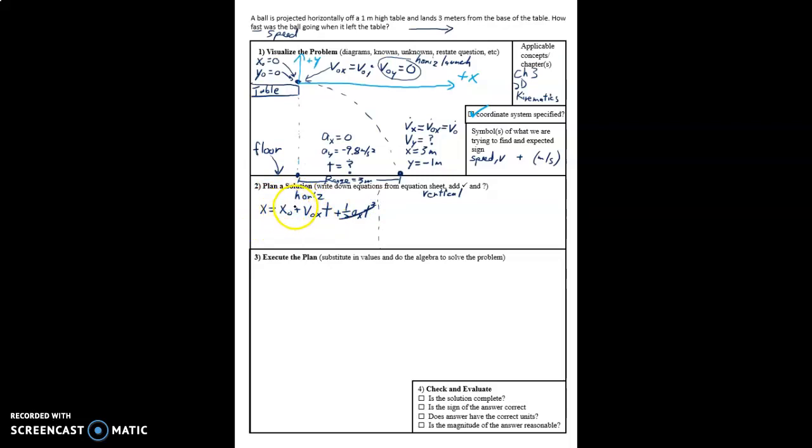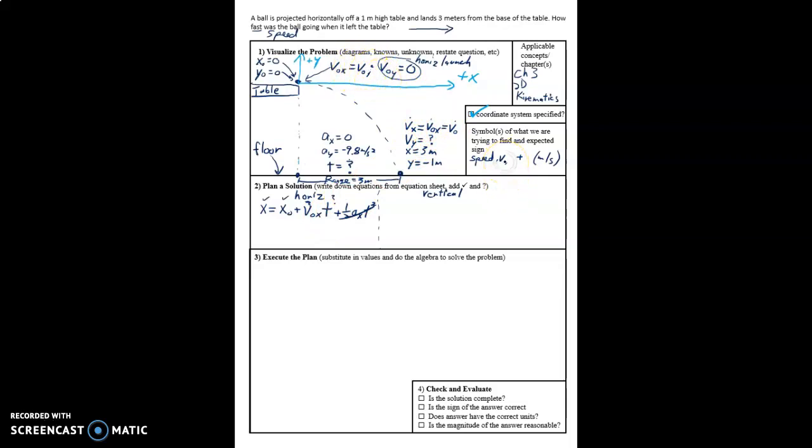Any of those other equations from your equation sheet aren't going to add anything to our understanding of these projectile motion problems. And we know x naught, but we don't know the time, and we don't know what v sub x is. However, if we can find the time, then we can use this equation to find v naught x, which we know is equal to vx, which is equal to v naught, which is what we really want.